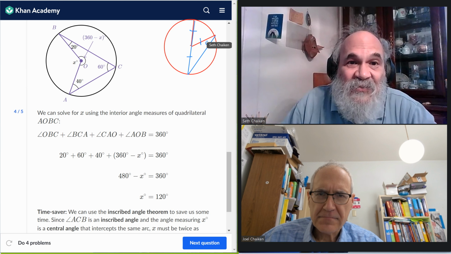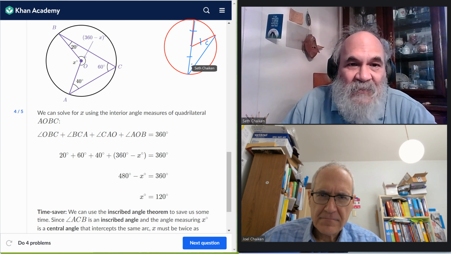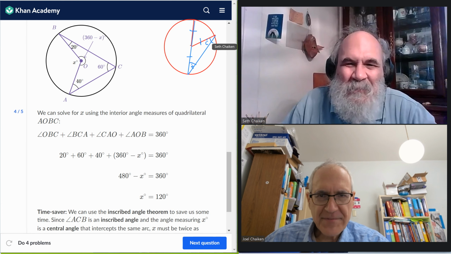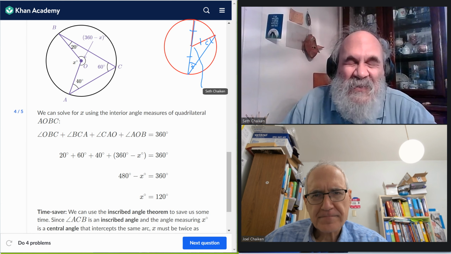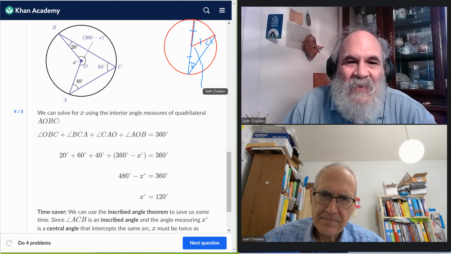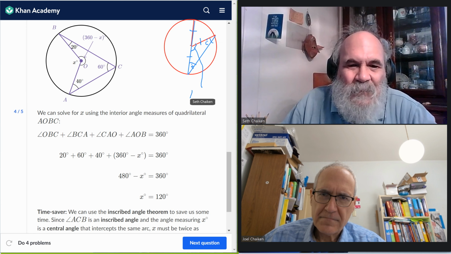this angle, the inscribed angle here, is equal to the angle here because they're isosceles triangles. And therefore, the central angle supplementary to the red inscribed angle is 180 minus 2i.